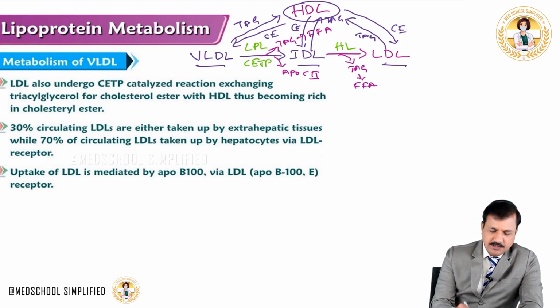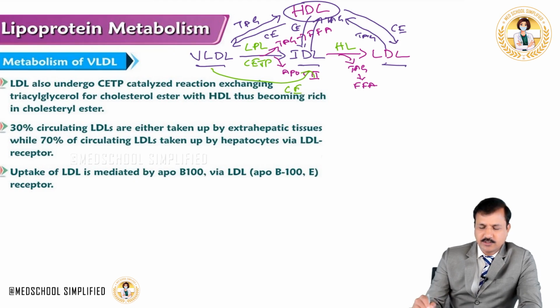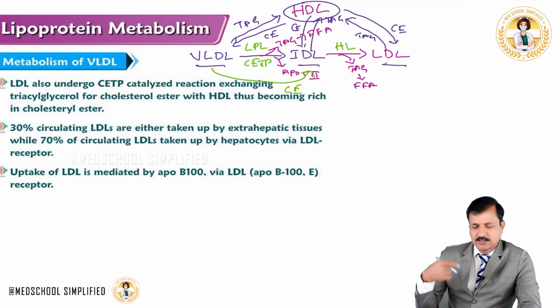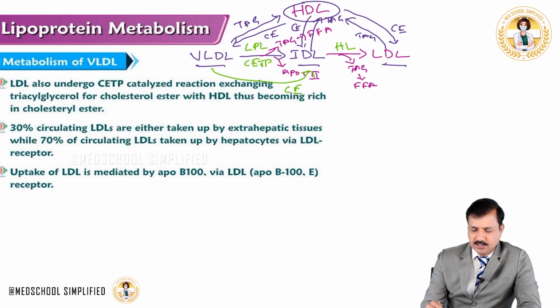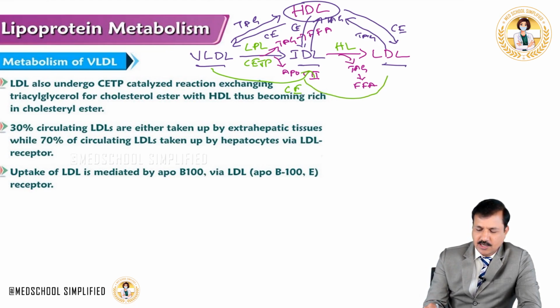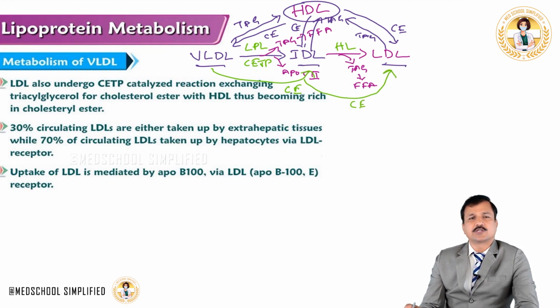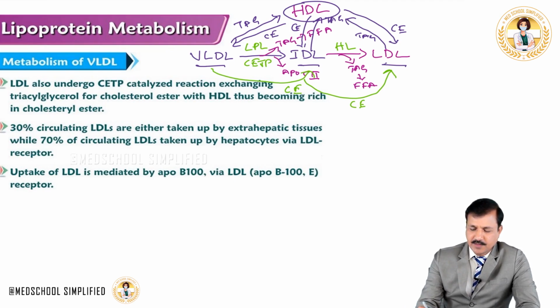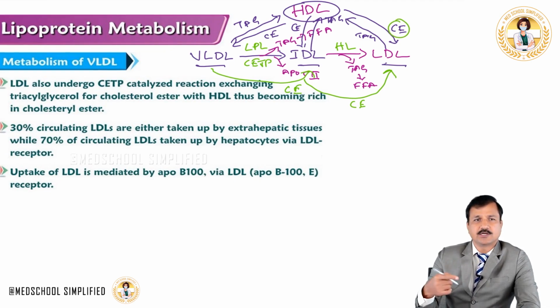So because of this, what will happen eventually? VLDL becomes rich in cholesterol ester as it goes towards IDL, because it is losing triglyceride and gaining cholesterol ester from HDL. IDL is again losing triacylglycerol and gaining cholesterol ester as it goes towards LDL formation, and LDL again gains cholesterol ester by interacting with HDL and loses triacylglycerol.